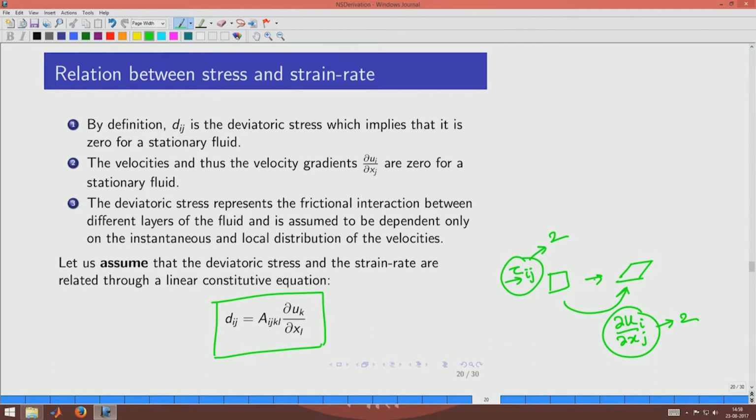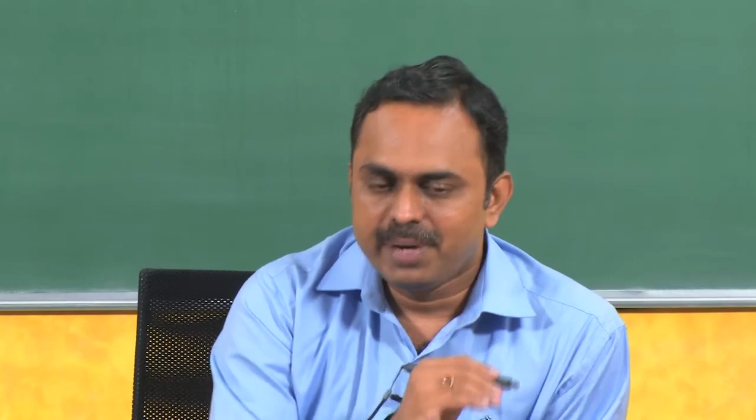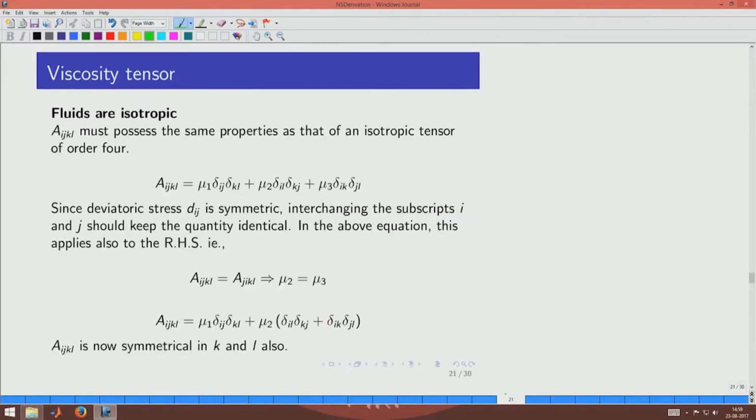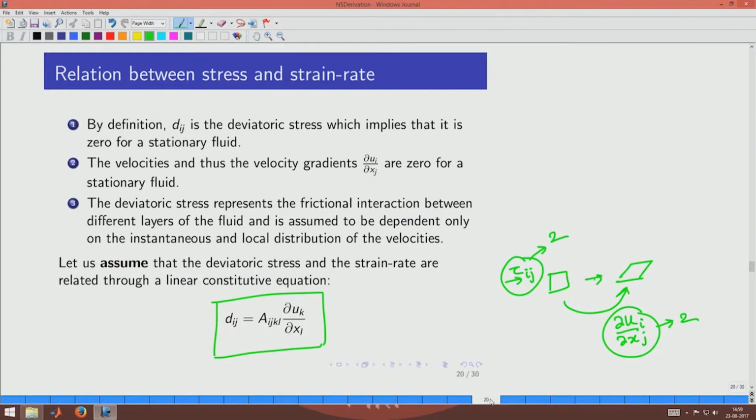So, now you can see that on the right-hand side we have got sigma, we separate it into the pressure and dij, and we then change the dij to the velocity gradients, and now you see that the velocities are appearing on the right-hand side, which is good because there is an unknown, and then we can always handle that in some way. Okay. So, here is where the Neumann principle is going to be of use. So, A is basically a property. Okay. You see that if this is the cause and this is the effect, then what relates them both must be a property.